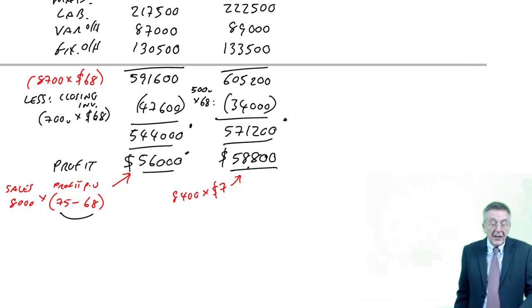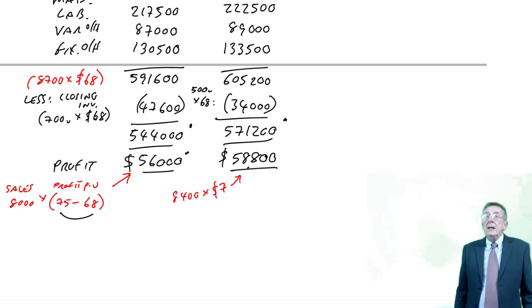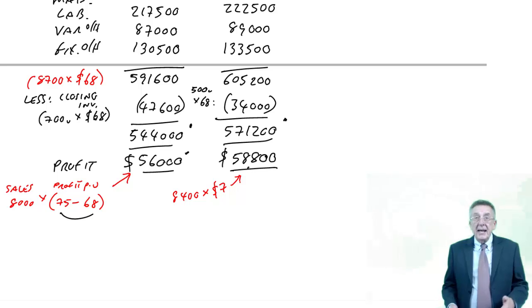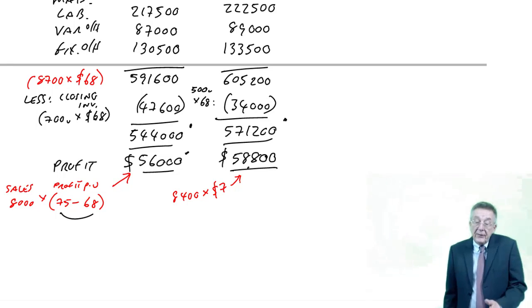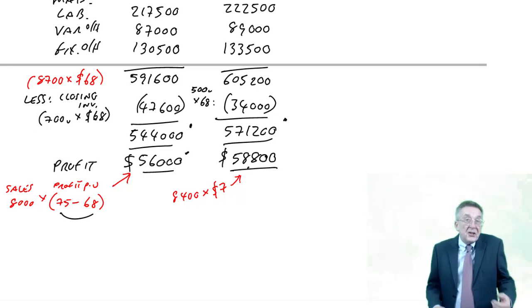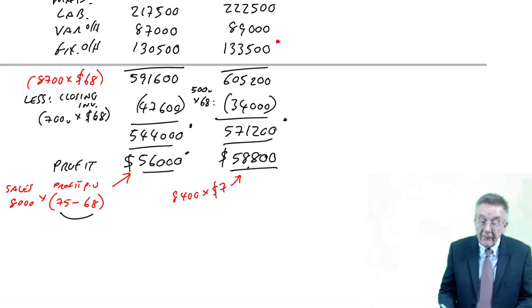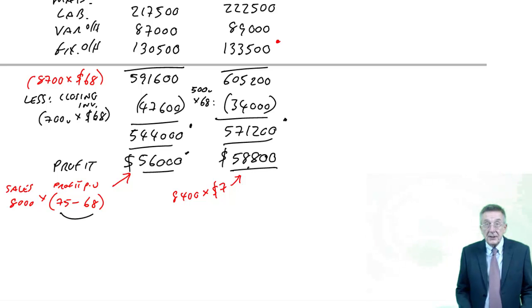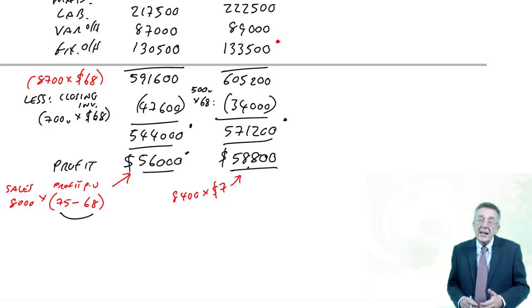Now, of course, I know it's not going to be 58,800. Partly because the actual costs were different than they should have been, which may result in more than 58,800, it may result in less. I also know that there's something funny happening with fixed costs. $7 a unit assumed that fixed costs were 15 a unit, whereas in fact, fixed costs should stay fixed. And so fixed costs aren't going to be 133,500 at all. Even if everything else is perfect, the profit isn't going to be 58,800.